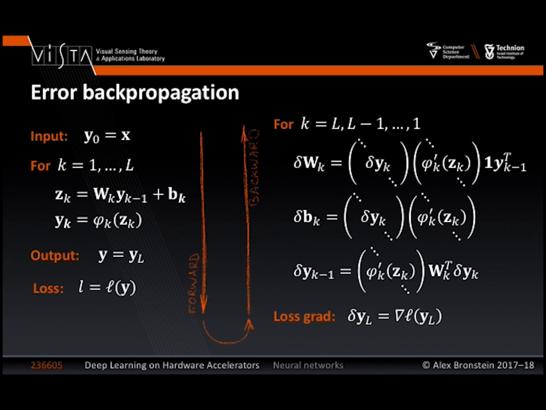Then we compute for the last layer the derivative of the loss with respect to the matrix of that layer. This is the derivative of the loss with respect to the bias parameter. It's very simple algebra. And then we compute the derivative of the loss with respect to the input of that layer, which is the output of the preceding layer, right? Now we can just change the index and do the same for the previous layer, right? Then again for the previous layer until we get to the beginning of the network, okay?